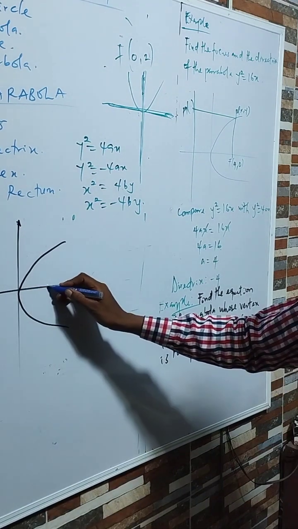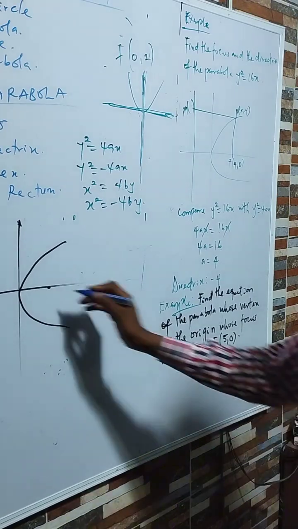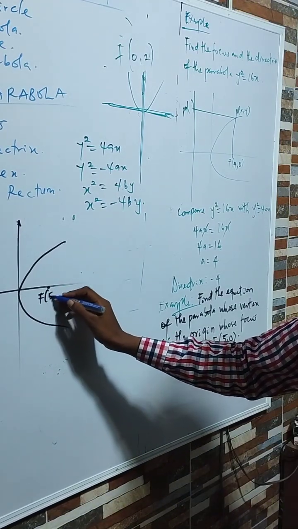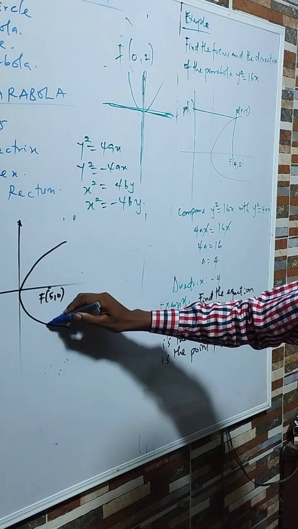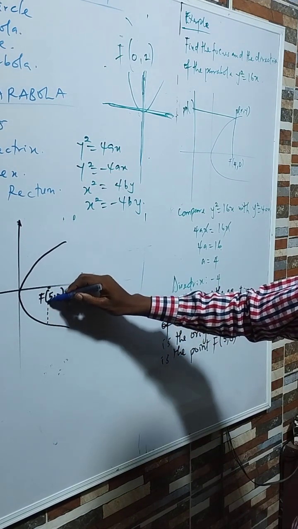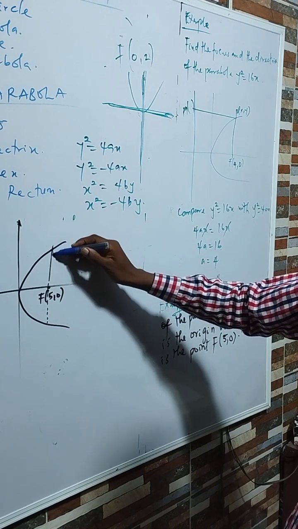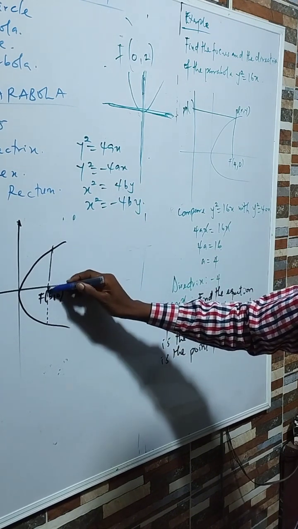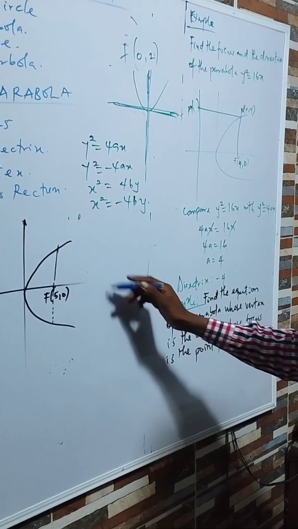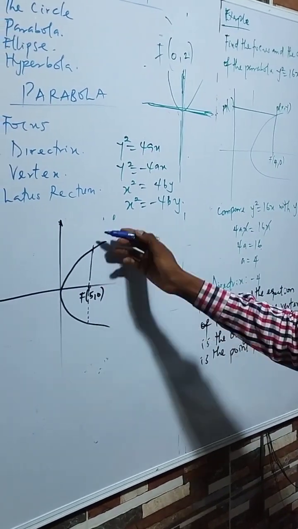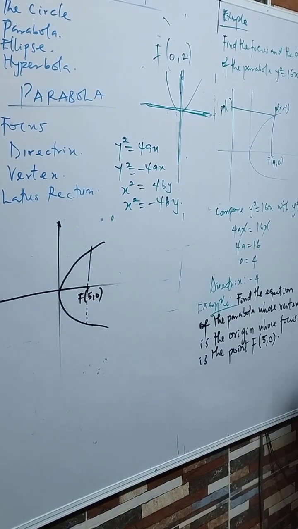This point is my focus, which is now 5, 0. Now if I introduce a line here, a line that is passing through the focus and is also perpendicular to the axis of symmetry, that line is what we refer to as the latus rectum.